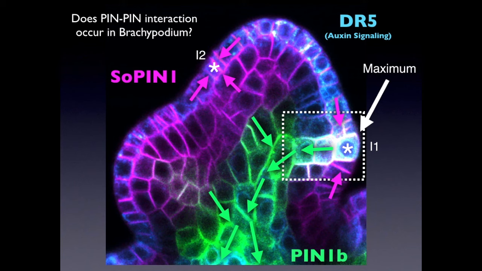This is where morphogenesis is happening. This is where the inversion of polarity is happening. This is where all that maximal auxin is being plumbed in with the rest of the vasculature. So we've already started a series of approaches to try to test whether these two PINs interact. And I think that could be a real clue for how PINs work. Because I guess I didn't really get into that at the beginning, but they're fairly large families, okay?